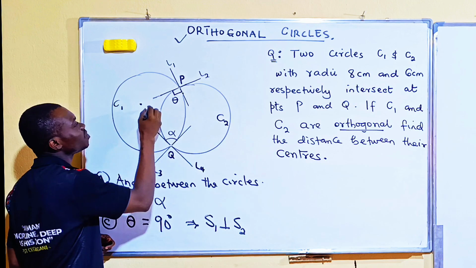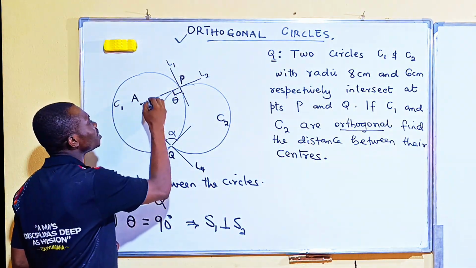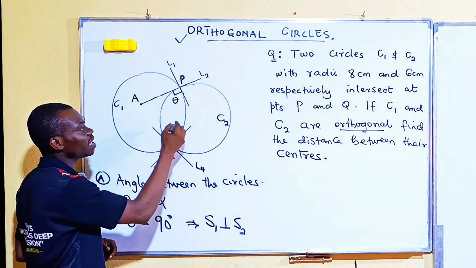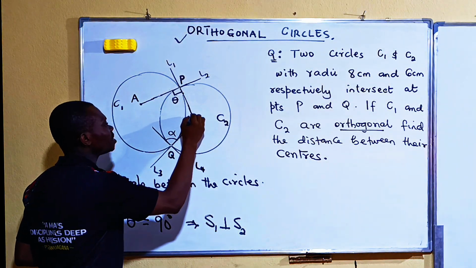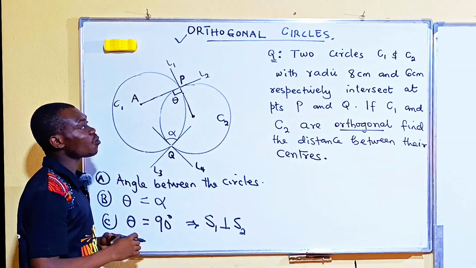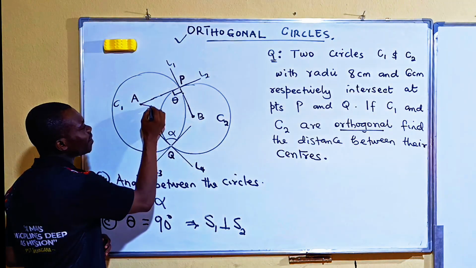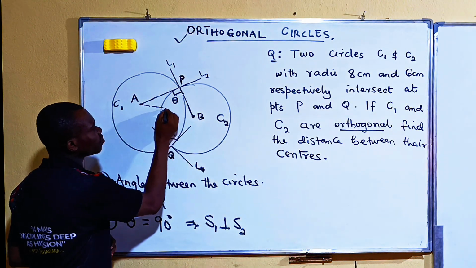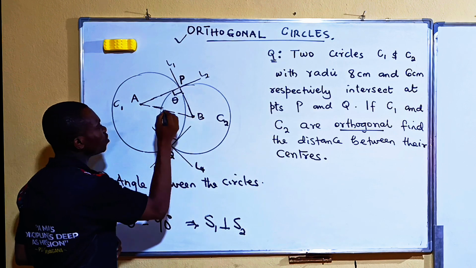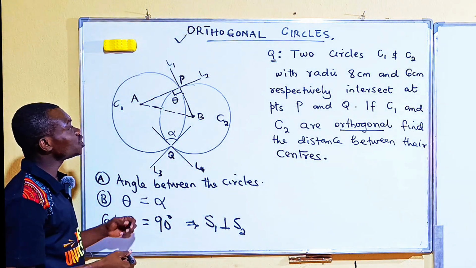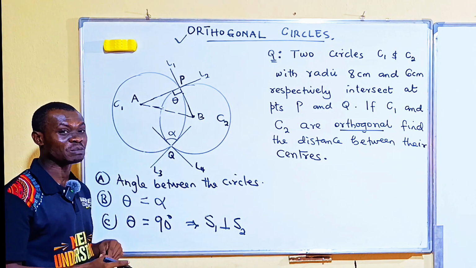So let's assume that this is the center of circle 1, which is A, and let's take here to be the center of circle 2, B. By the time you join the two points, which is actually the distance we are looking for, you are going to get a straight line, which is going to be the hypotenuse of a right angle triangle that will be formed here.